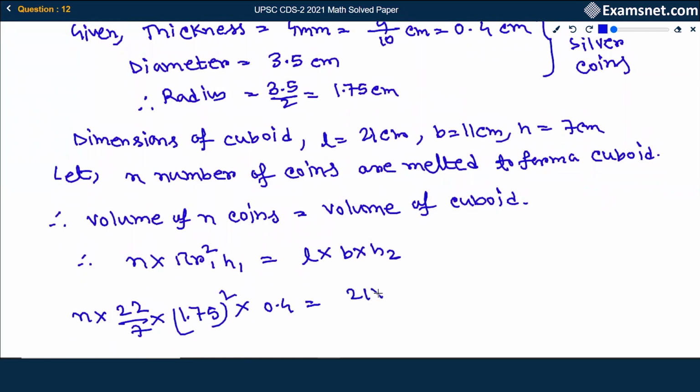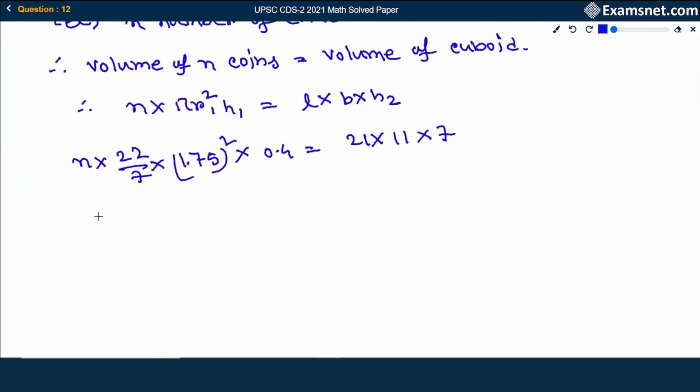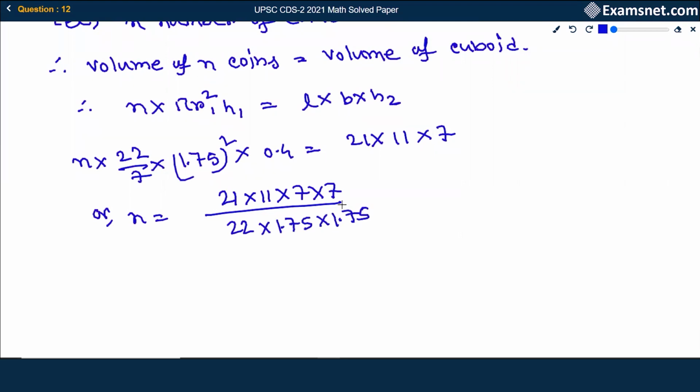Also here 21, 11, 7. Now let's do the calculation.